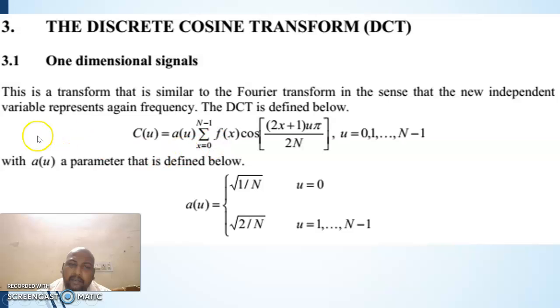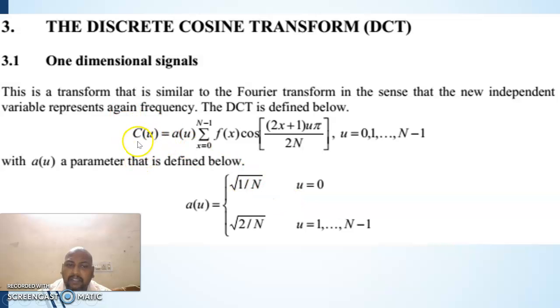Here f of x is the input image, and cos of (2x plus 1) u pi by 2n is the basis function, that is the kernel of this discrete cosine transform. a of u is a constant: root of 1 by n when u is equal to 0, and root of 2 by n for the rest of the range of samples.